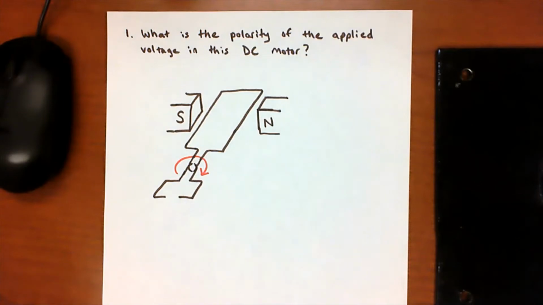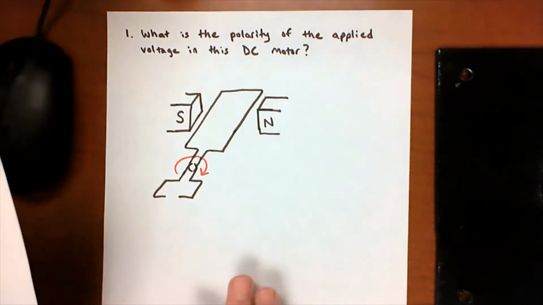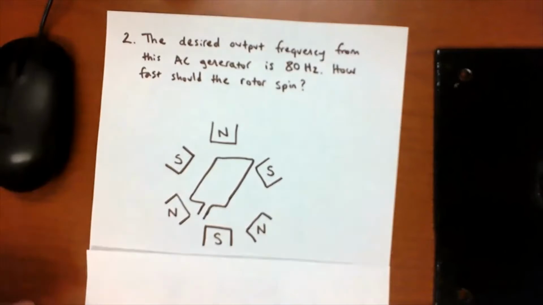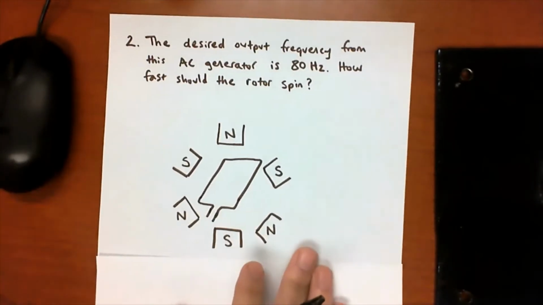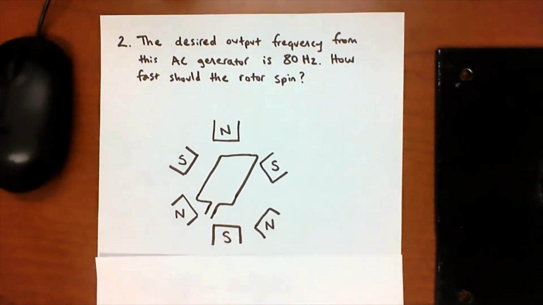The second one looks like this. We're told that the output frequency from this AC generator is 80 hertz, which is kind of an unusual output frequency, but whatever. And we want to know how fast should this rotor spin.